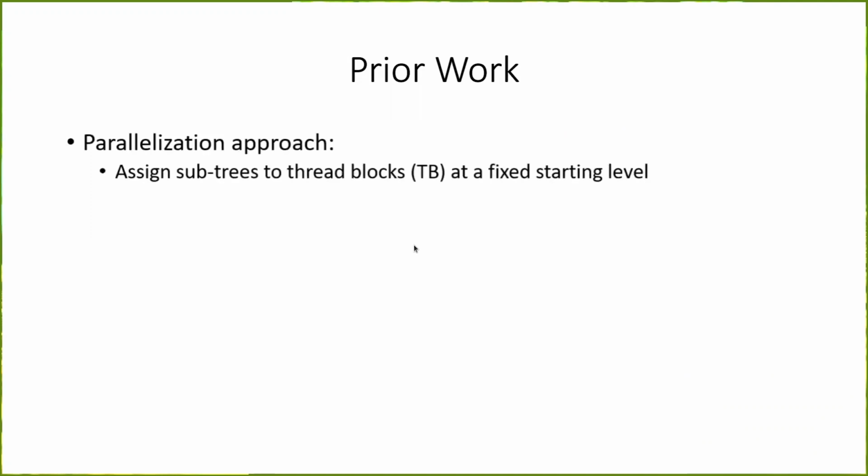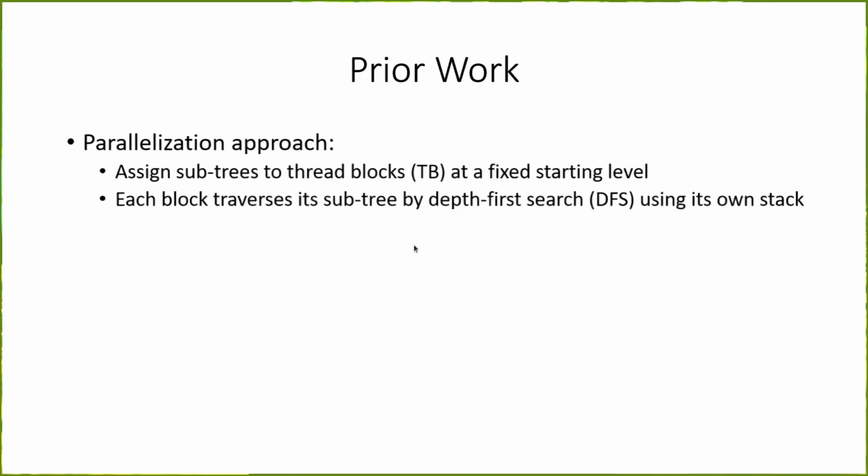Prior work's approach to parallelizing this branching algorithm was to assign subtrees to thread blocks at a fixed starting level, and having each thread block traverse its subtree by a depth first search using its own stack.